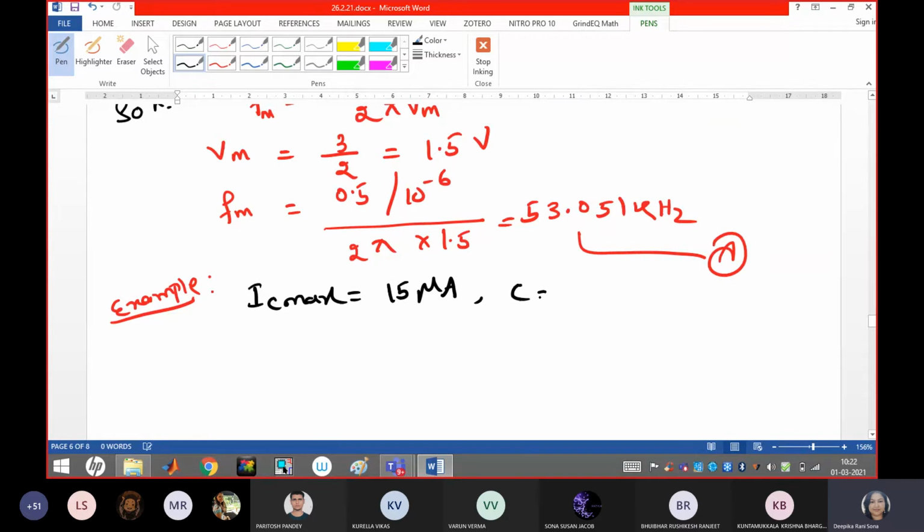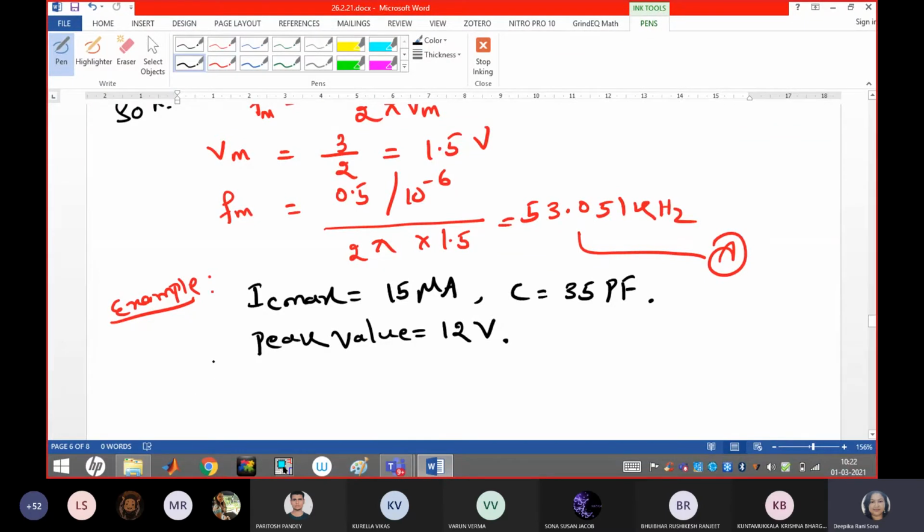And C equal to 35 picofarad. The peak value of the input is 12 volt. Determine the slew rate and maximum possible frequency of input voltage that can be applied to get undistorted output.